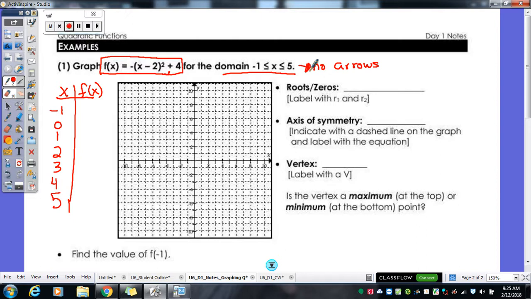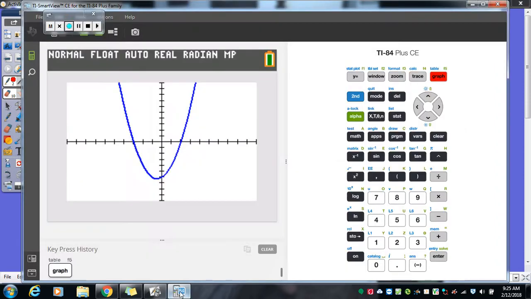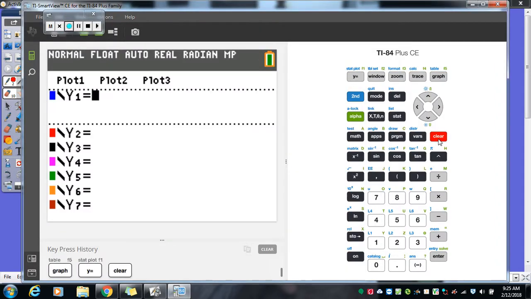So if you have not already done so, please type this into your calculator. Negative x minus 2 squared plus 4. Just like it's written on the paper with the parentheses and everything.